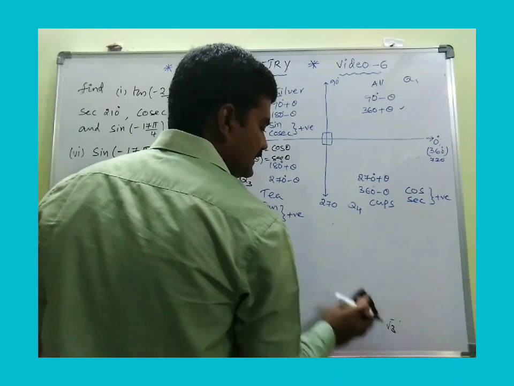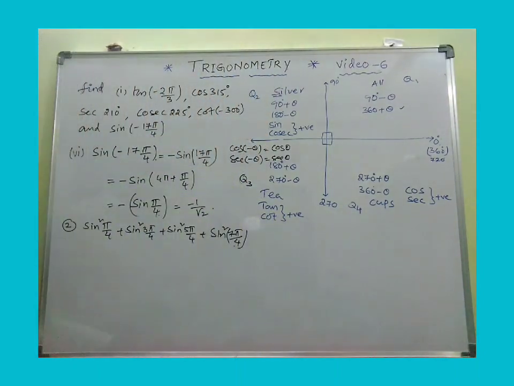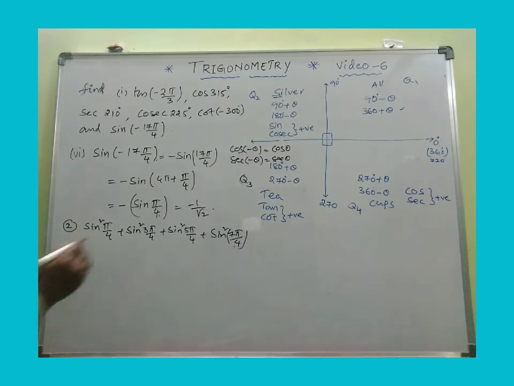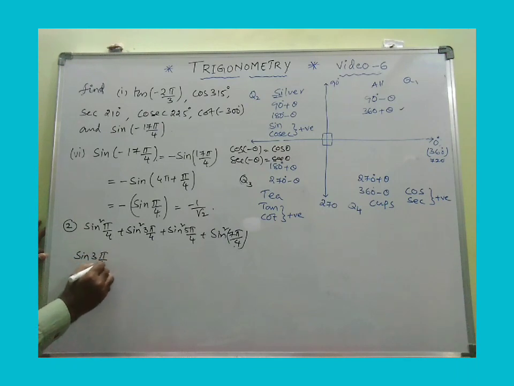See, in this we directly know the sine pi by 4 value, sine 45 value we know already, isn't it? But mostly we don't know all the others. Now let us see. I want the value of sine 3 pi by 4, similarly the value of sine 5 pi by 4, as well as finally sine 7 pi by 4.